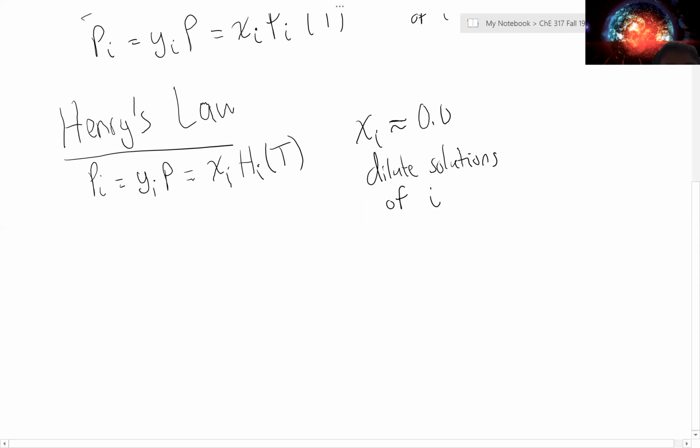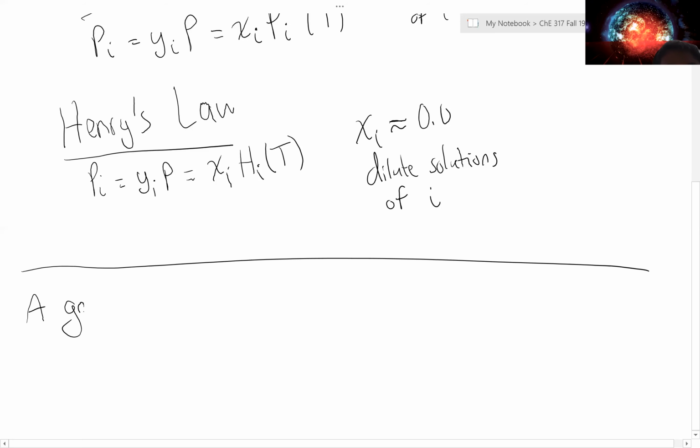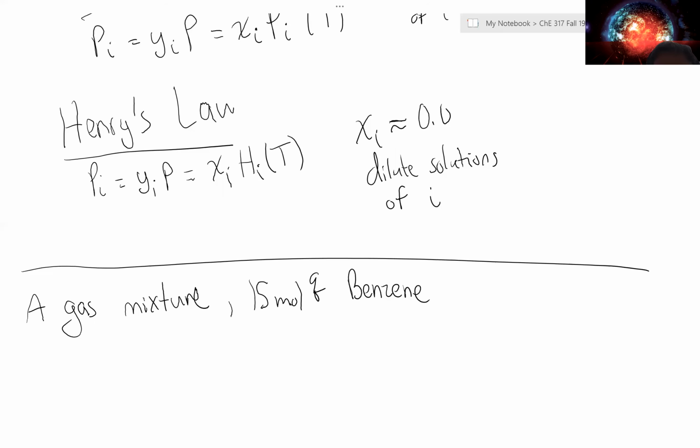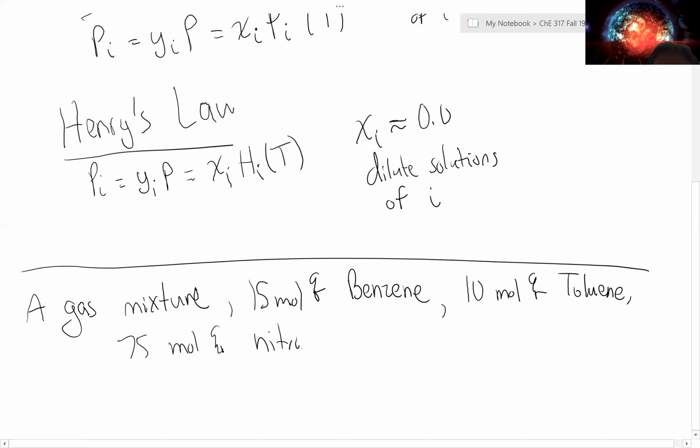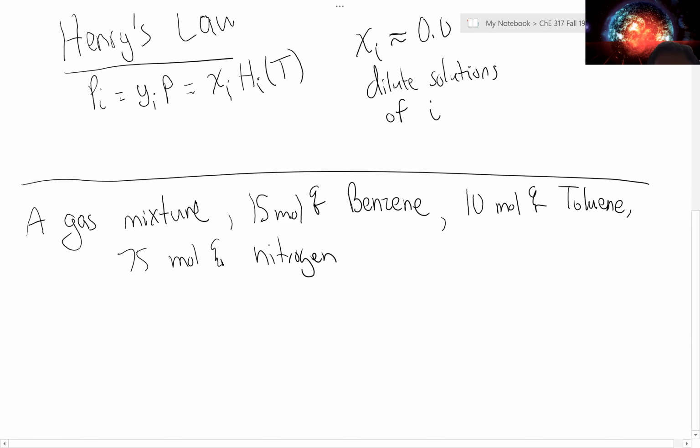If I have a gas mixture consisting of 15 mole percent benzene, 10 mole percent toluene, and 75 mole percent nitrogen, and it's at 80 degrees Celsius.